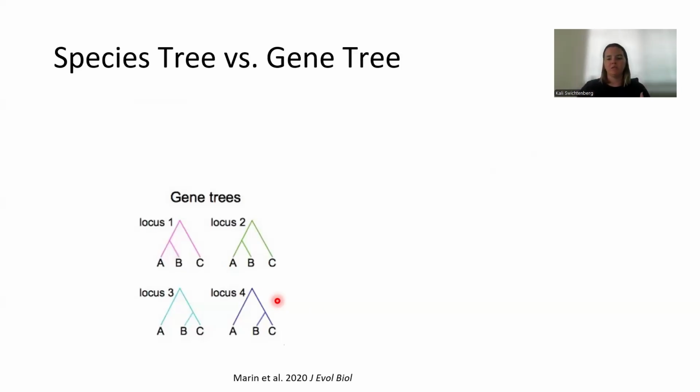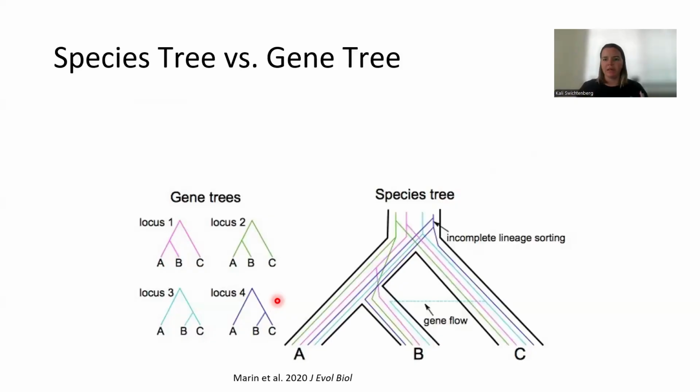So in order to make a species tree, we are bringing in all of the information that we have in order to make a consensus tree, a tree that is taking in as much information as possible to give us the true species tree. So in this case, the species tree is going to be A and B are more closely related versus C.